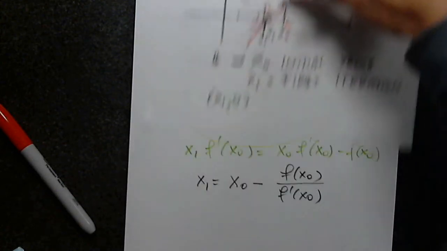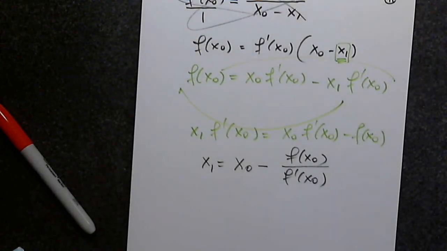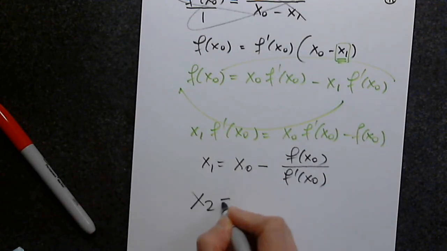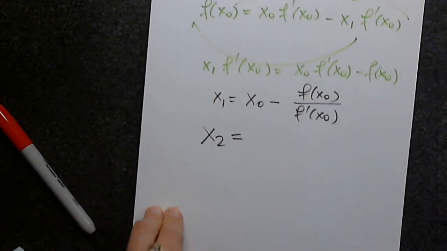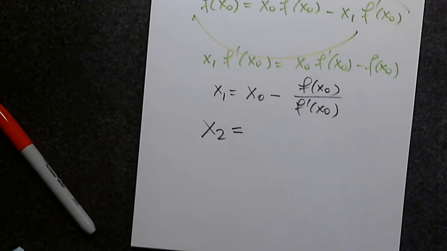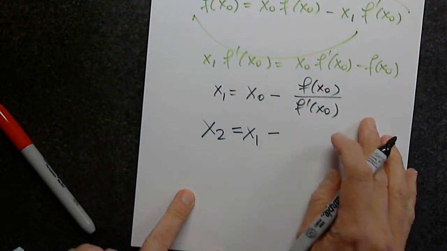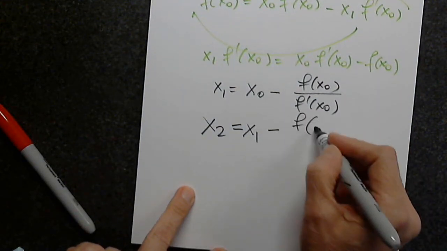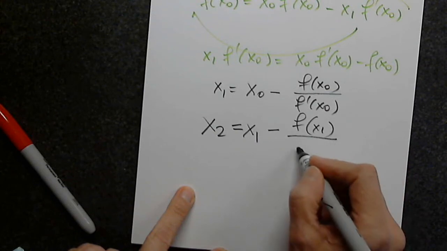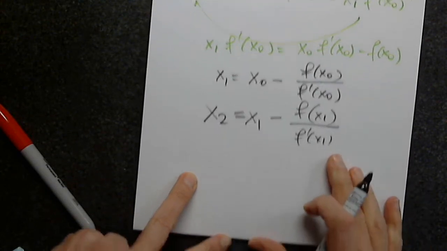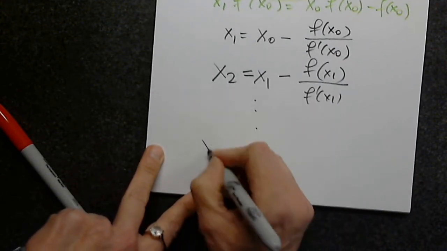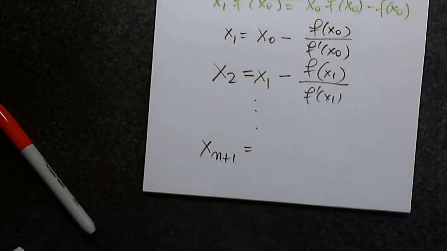Good. So now, with no calculations, I would like you to give me x2. The calculations are the same. The slope with 2 points. I'm ready. Perfect. This is Newton's method. N plus first iteration in general, what will that be?